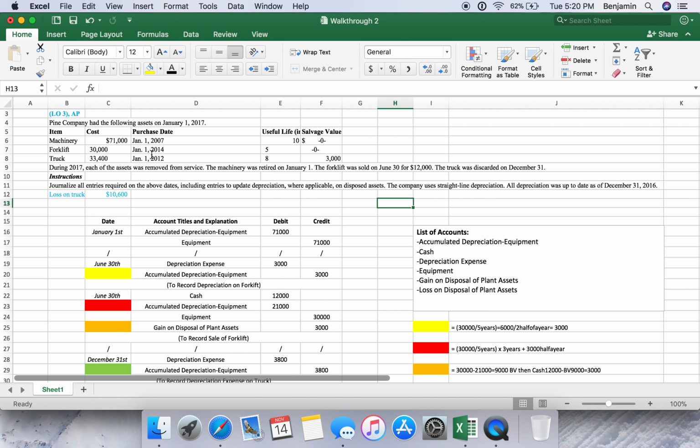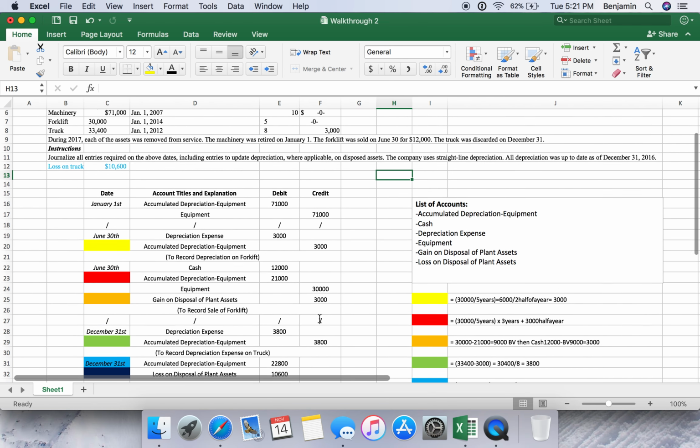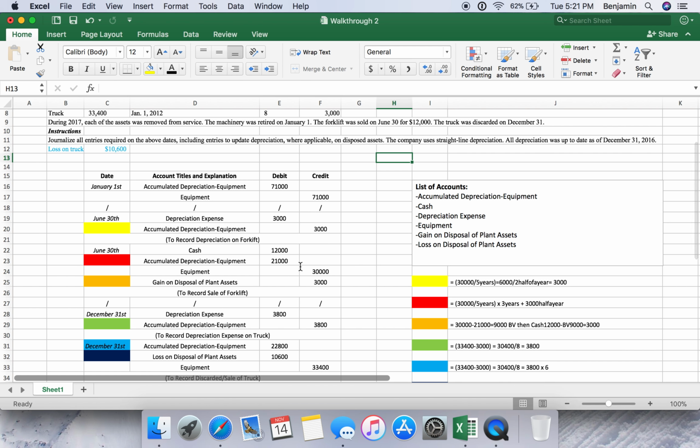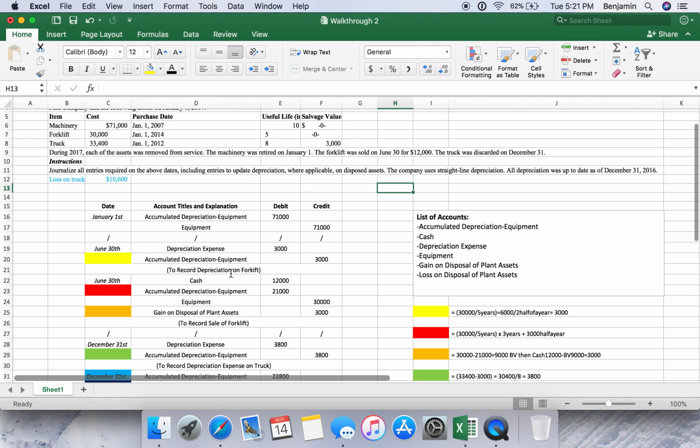Since it was 3.5 years old, we multiply it by 3 and then add 3,000 for half a year, and that gets us 21,000. The next thing we do is credit the equipment account. Since we sold it, we credit the equipment account $30,000 because we no longer have that.